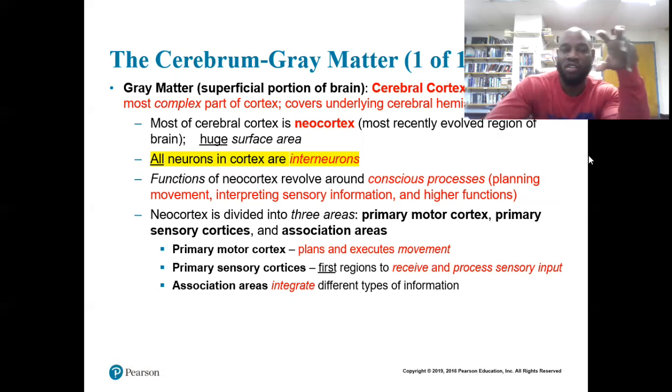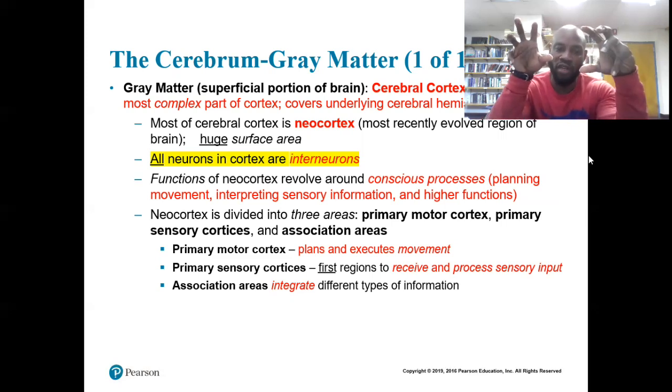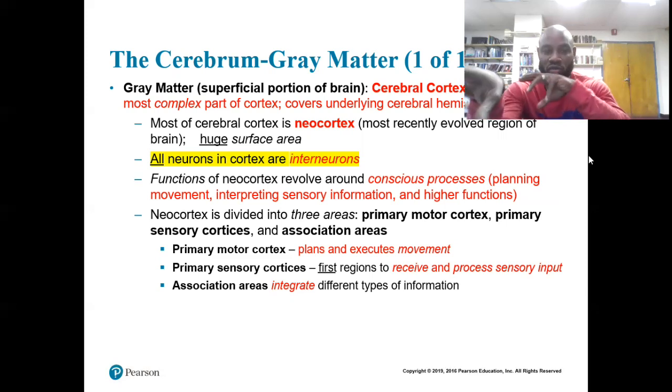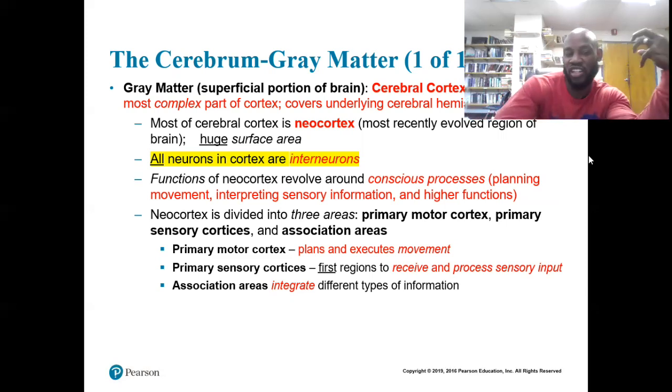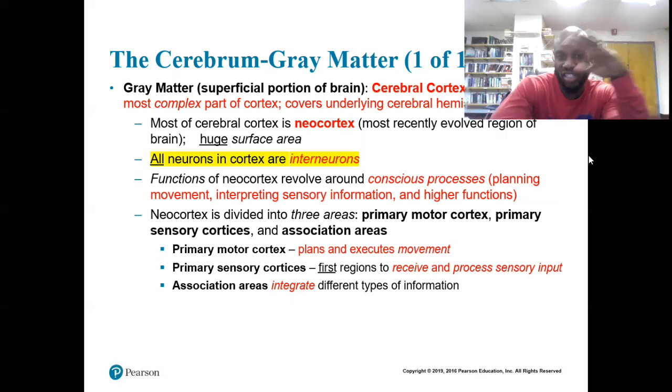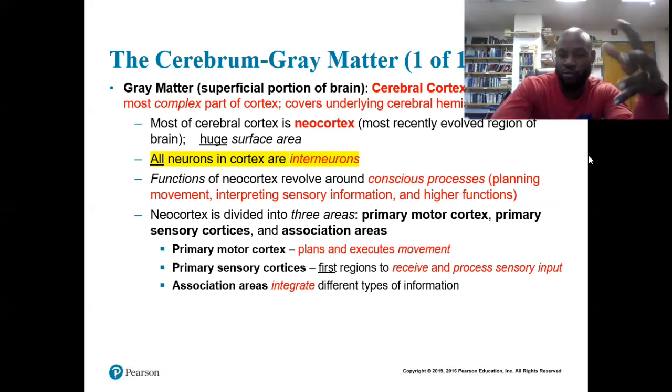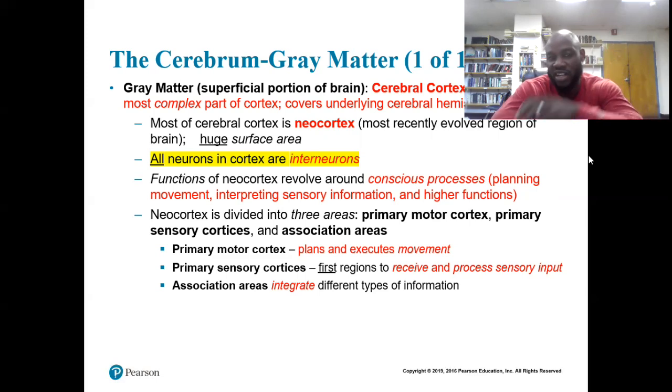There are motor neurons that are going to get signals from these neurons. There are sensory neurons that are sending signals to these neurons in the cerebral cortex, but the actual neurons in the cerebral cortex are interneurons. That means they're only processing information. Remember, your brain controls other things, and does a lot of processing.